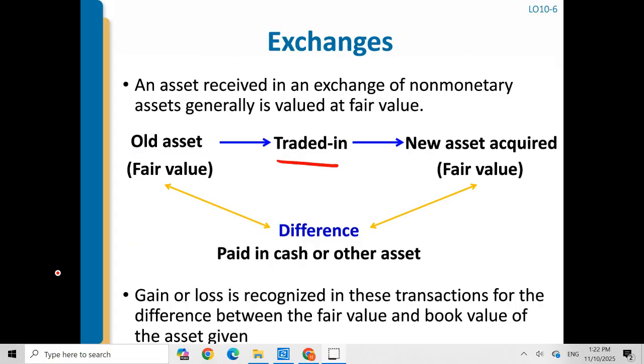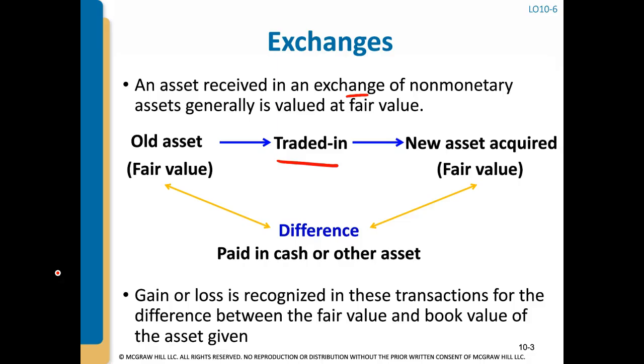When that happens, an asset that is received in an exchange for non-monetary assets, so one asset for another, is generally valued at the fair value. What that means is we take an old asset and see what its fair value is, and we trade it in for a new asset at its fair value, and any difference between the two is either paid in cash, or you could also trade in another asset.